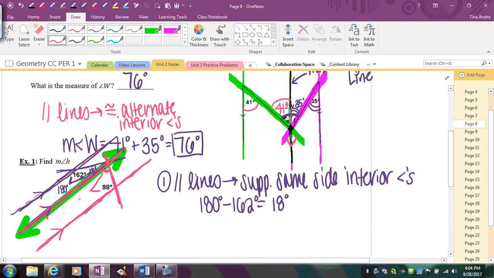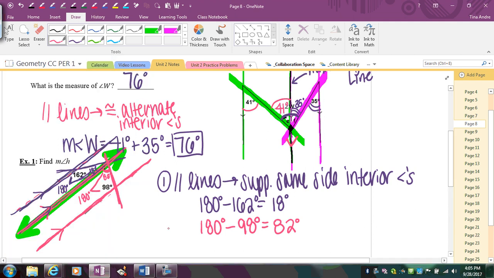So these have to add to 180, and it's my same reason. So I have 180 minus the 98, and that gives me 82. So this angle right here is 82.